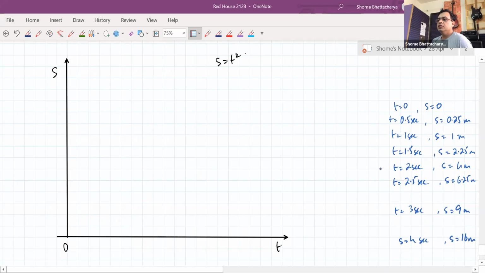So if you plot this, making a set of ordered pairs and trying to join them with the smoothest possible curve, you will get some curve which will go like this. Where, for example, this is 1 second, 1 meter. This is 2 seconds, 4 meters.